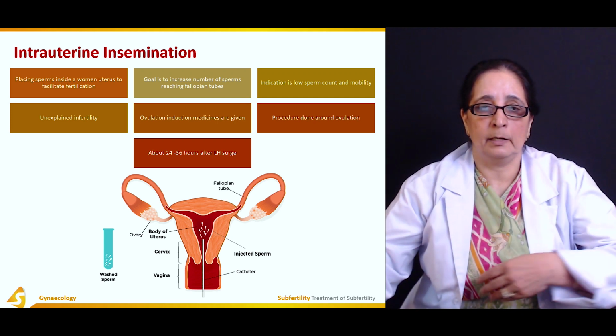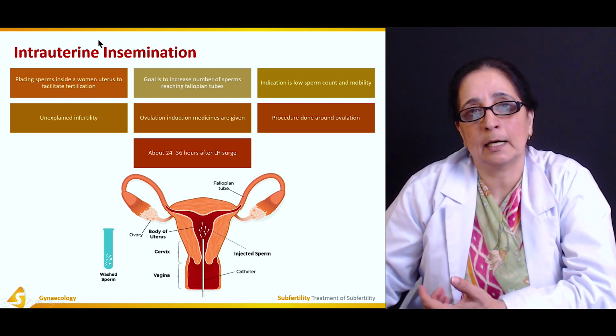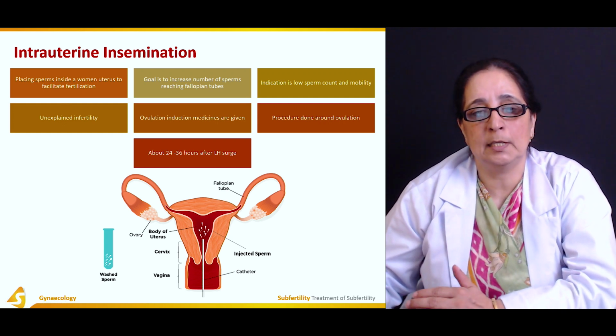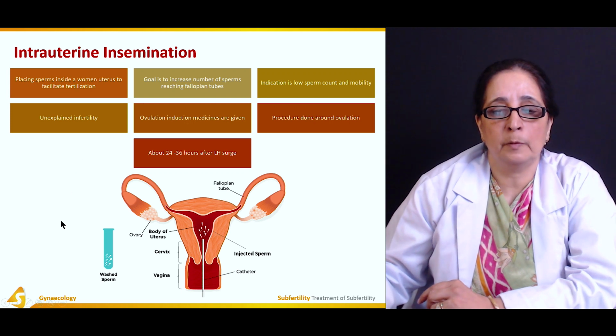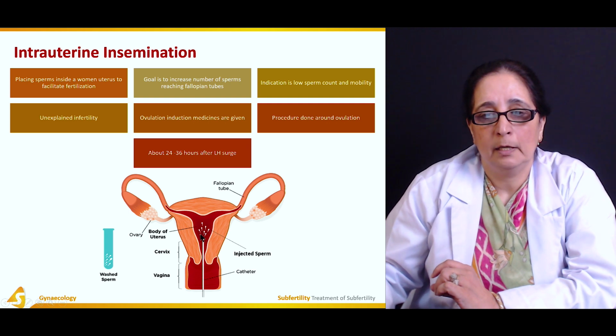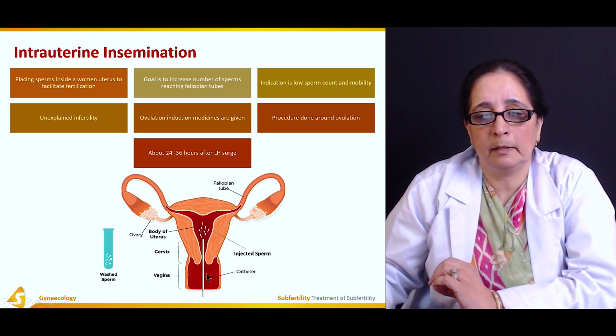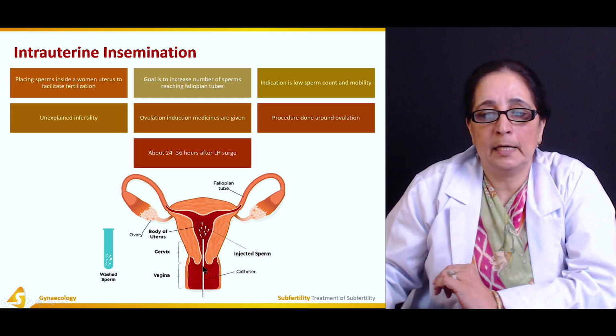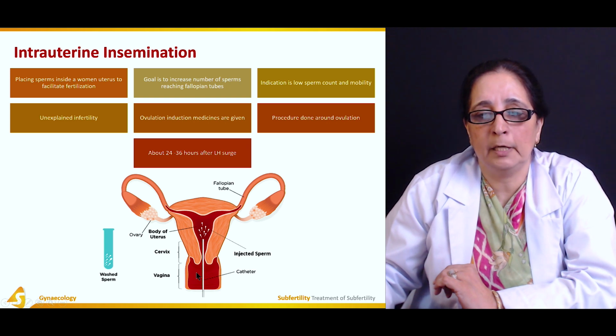So after ovulation is induced, at the time when the ovulation is taking place, washed sperms are injected into the uterus. Here you see there is a direct injection of the sperm into the uterus, so they can overcome all the hindrance in the cervix if the mucus is thick, or if there is any abnormality or problem in the vagina or cervical opening.